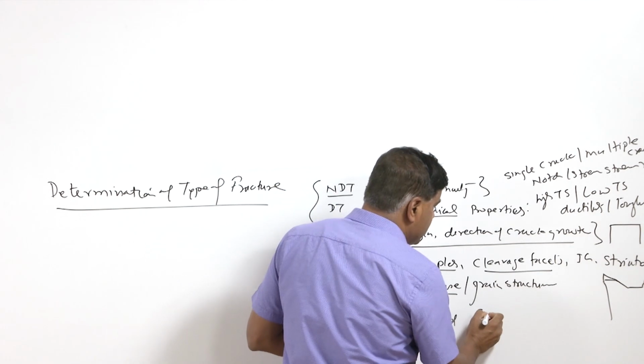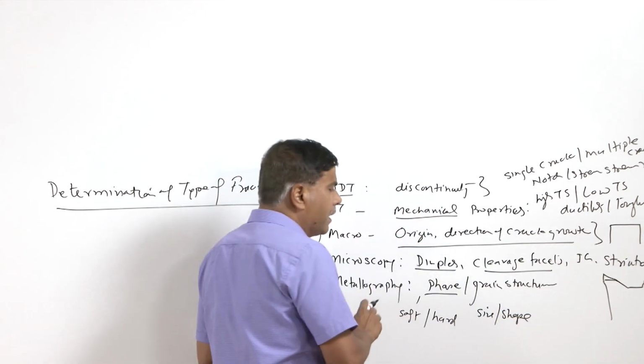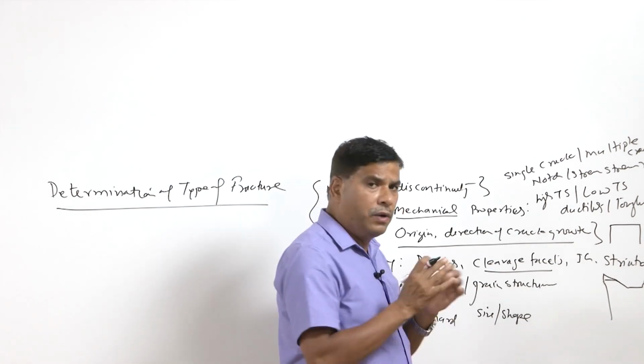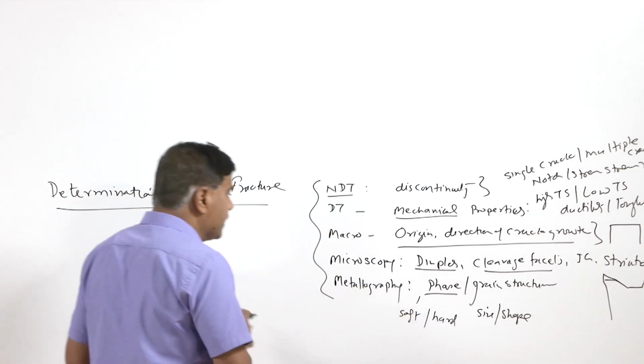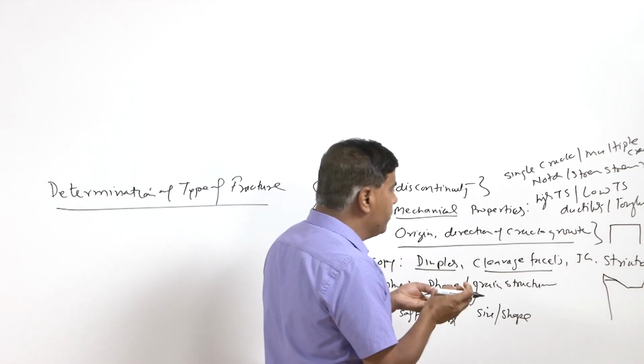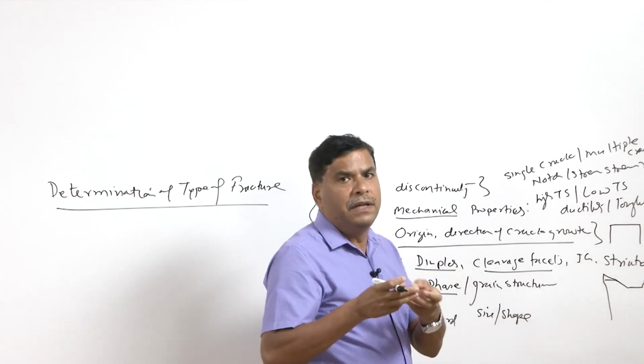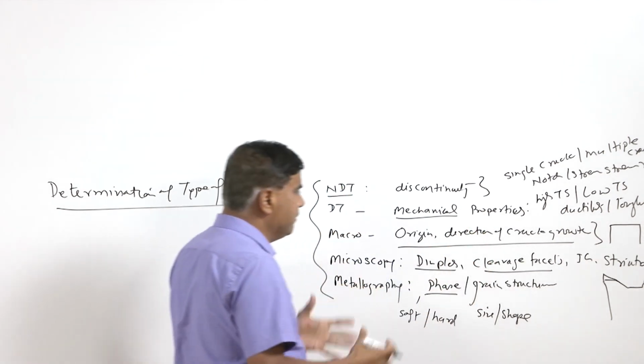Similarly, the size and the shape of the phases, which are hard or soft, and how they are distributed, meaning where they are present, will also affect the way by which the cracks or the voids will nucleate and subsequently grow.